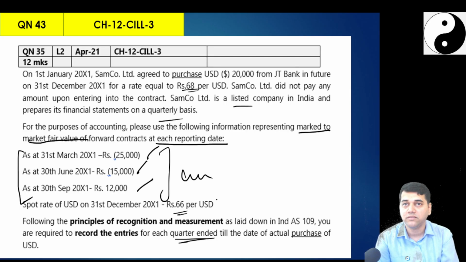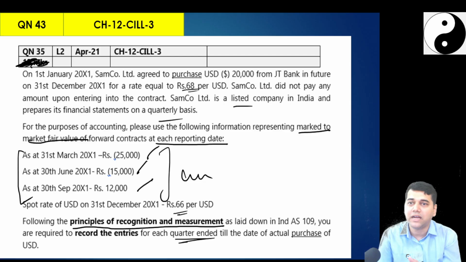Should I write theory? Other than marks, forget marks, should I write theory? What is this? The principles of recognition and measurement. What did you understand with this? They expect you to understand and analyze this instrument.